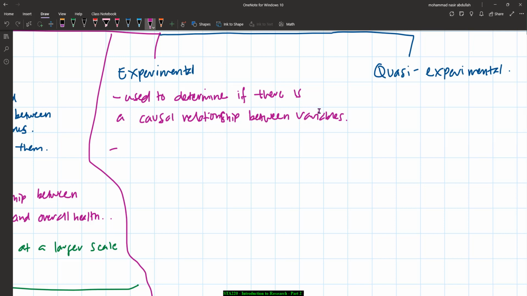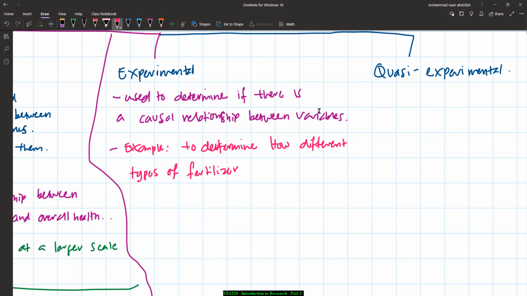So for example, maybe kita tengok example. Maybe we want to determine how different types of fertilizer affect plant growth.